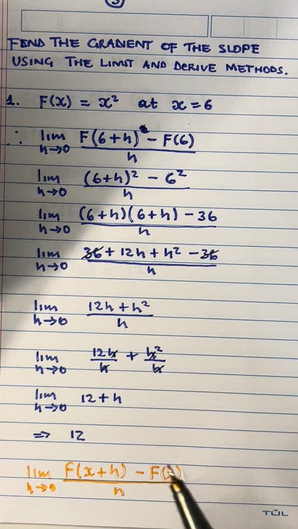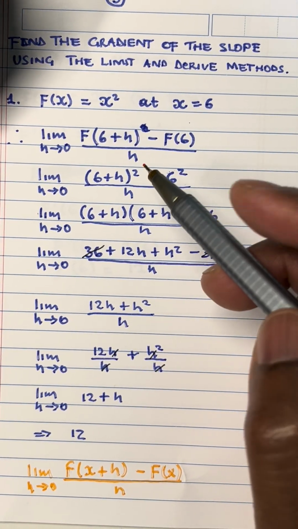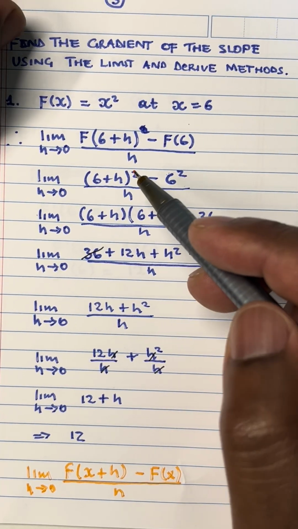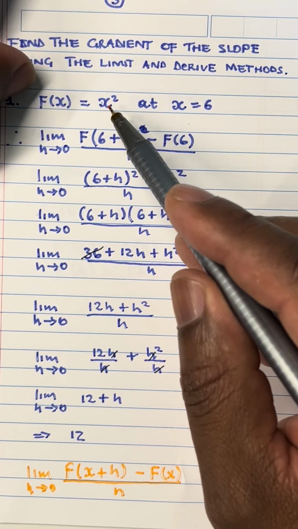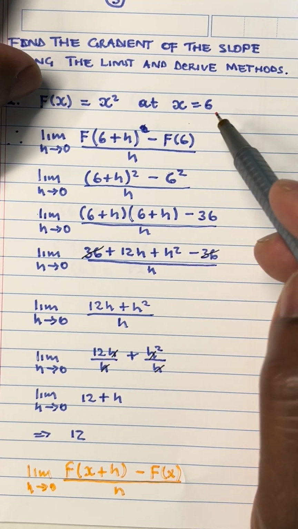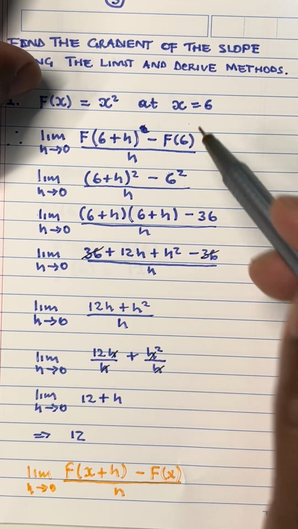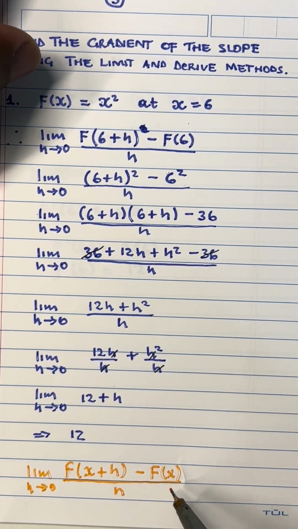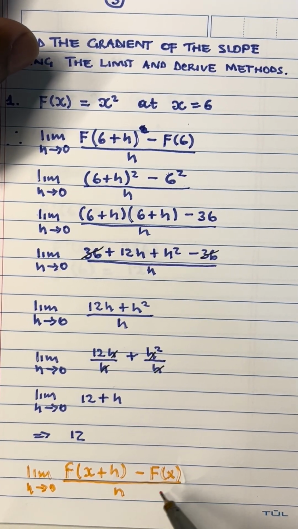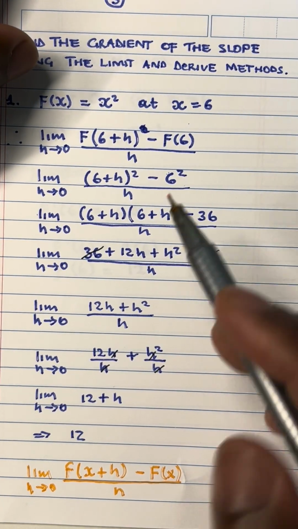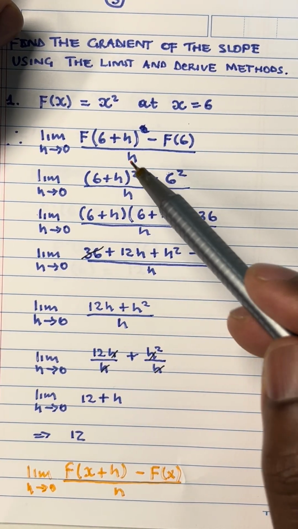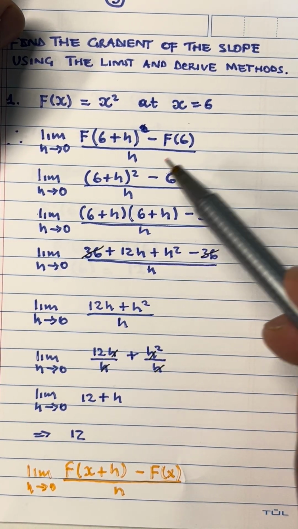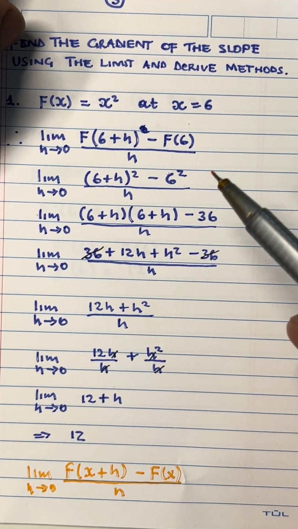Okay, so in this problem, where there is x, we're going to put 6. So we end up having f of 6 plus h minus f of 6 divided by h.